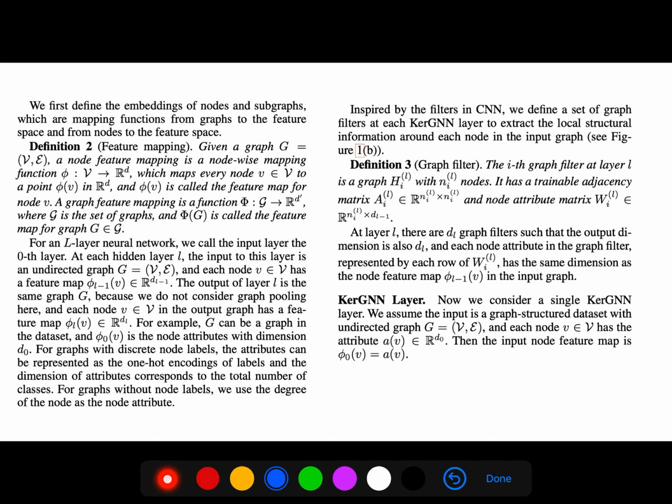So what is the proposed method? First, we need to define what is a graph filter, what is feature mapping. The i-th graph filter at layer L is a graph H sub i with N sub i nodes. It has a trainable adjacency matrix and node attribute matrix.